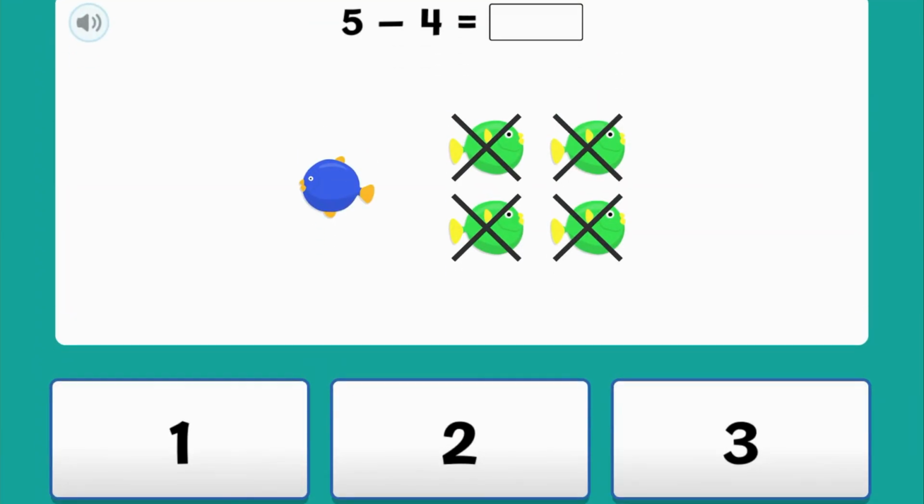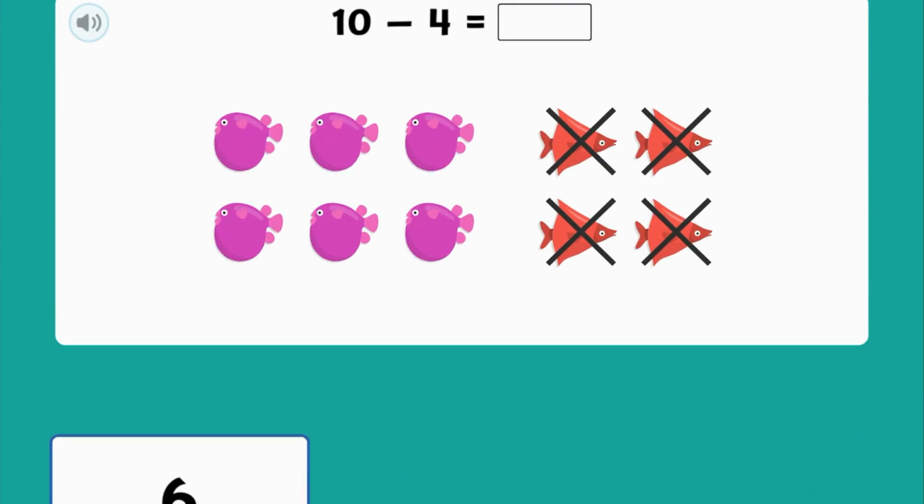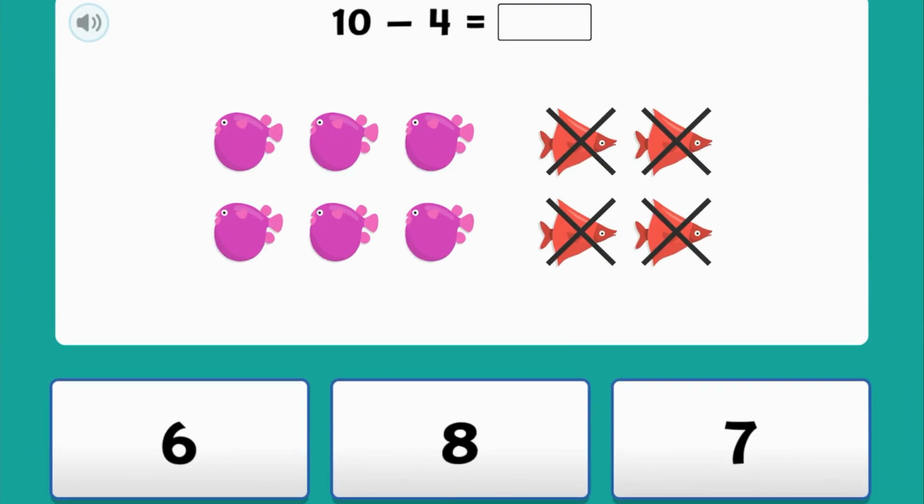What is 5 minus 4? Good going! 5 minus 4 equals 1. What is 10 minus 4? Well done! 10 minus 4 equals 6.